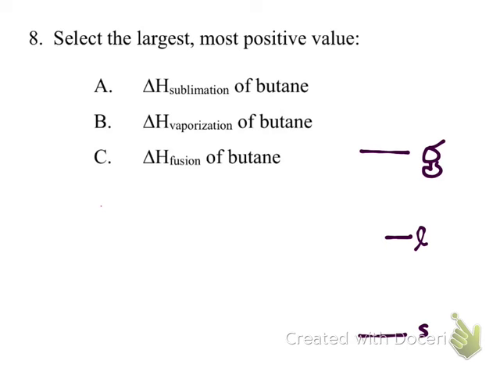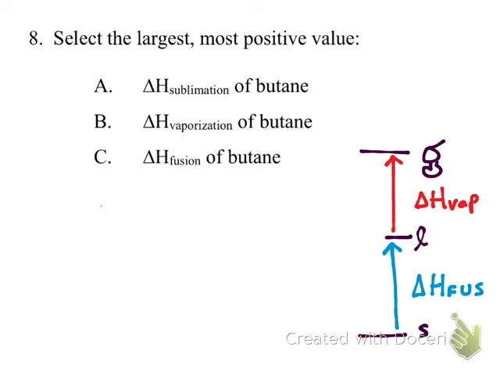This question asks which of these is the largest, most positive value. So if we're turning something from a solid into a liquid, we have to put heat in. The amount of heat it takes to do that is called the enthalpy of fusion for that substance. To turn a liquid into a gas, well, that's called the enthalpy of vaporization.